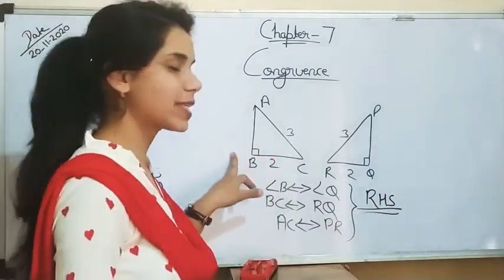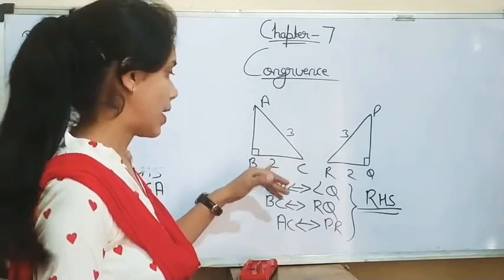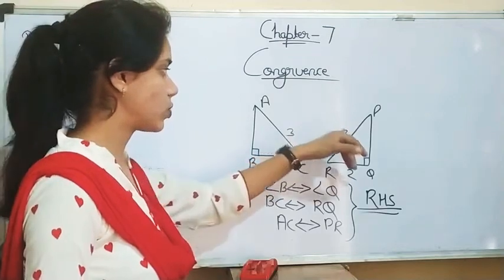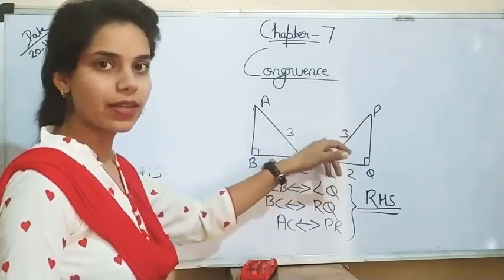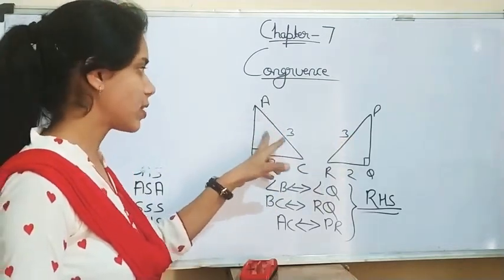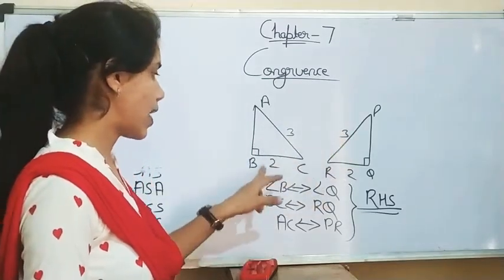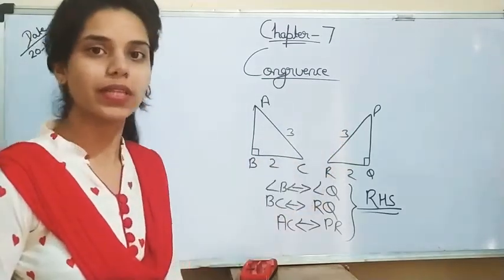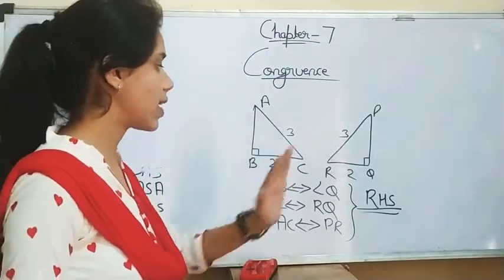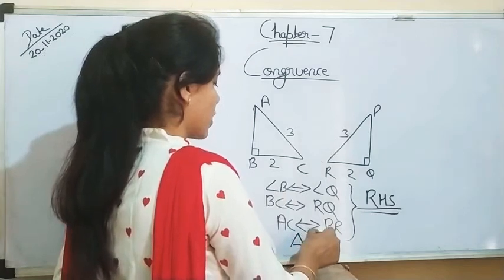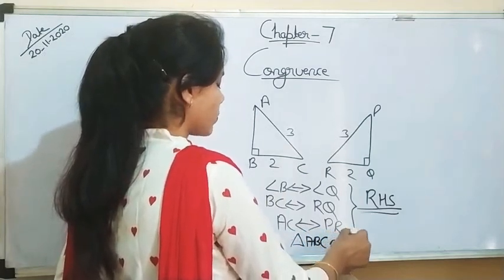Okay, because it makes a 90-degree angle and here is one hypotenuse which is equal to the corresponding hypotenuse of another triangle, and this side is also equal. So in this way, these two triangles are congruent by the RHS criterion. Understood this?